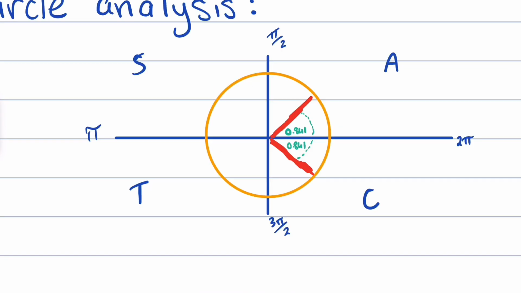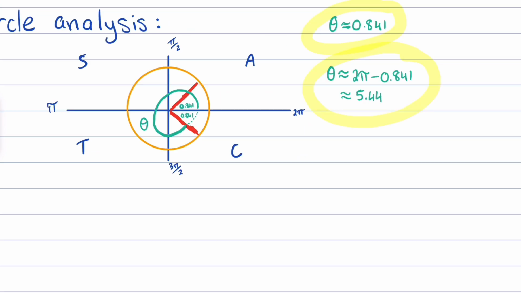And I've just put that on my unit circle because we didn't have any negative values and we were dealing with cos. That means that the all quadrant and the cos quadrant are going to be used in this case. So theta, or A I should say, is therefore 0.841, or it's just going to be 2 pi take away 0.841, which is approximately 5.44, rounded to 2 decimal places.